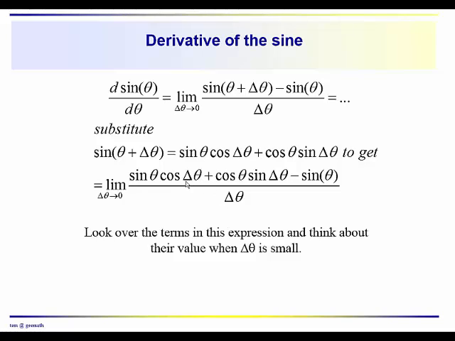At this point, when you're trying to work through something like this, you need to look at these terms and think about what's going to happen to cosine of delta theta and sine of delta theta when delta theta gets really small, when it goes to 0.